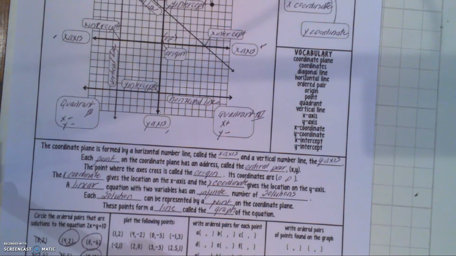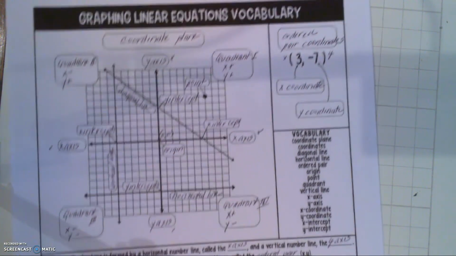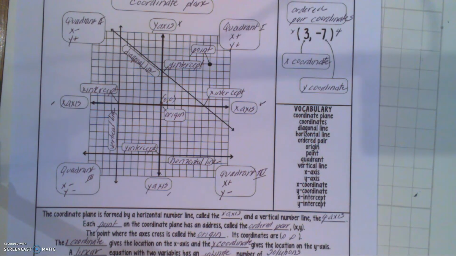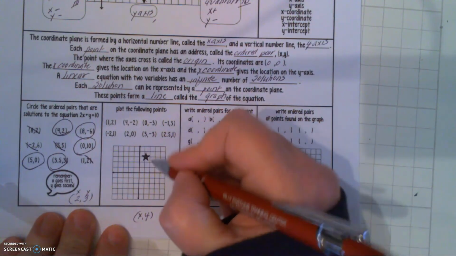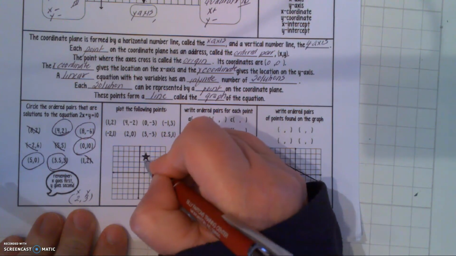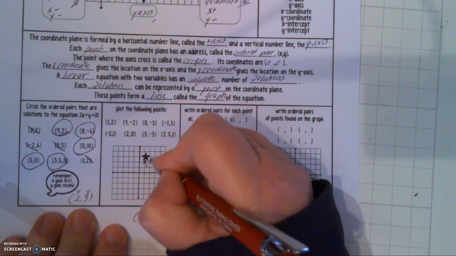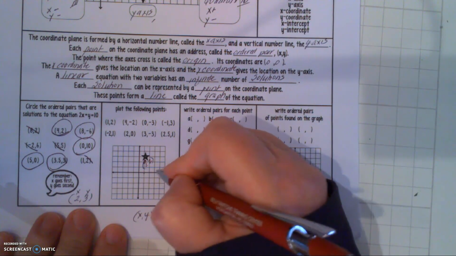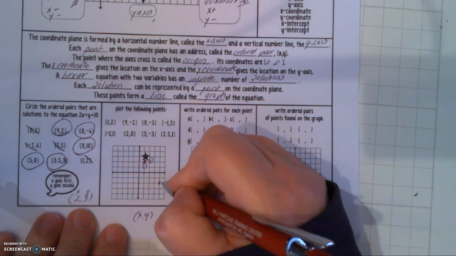Now, the next thing we're going to do is plot the points. So remember, x is first, then y. All right, so 1, up 2, that's 1, 2. Okay, 4, 1, 2, 3, 4, down 2 is 4, negative 2.